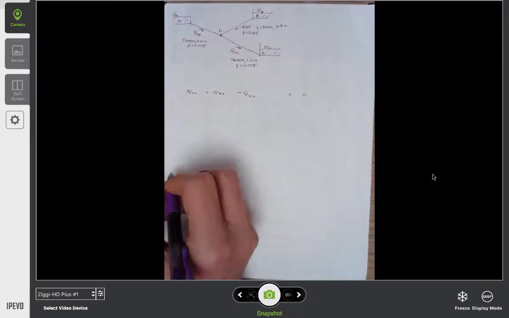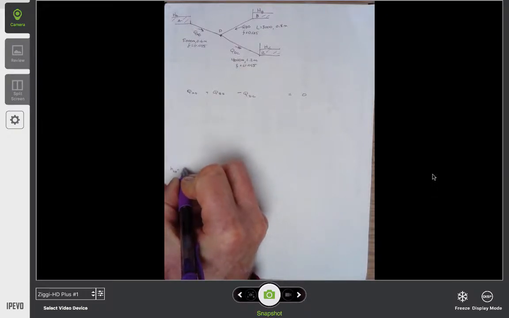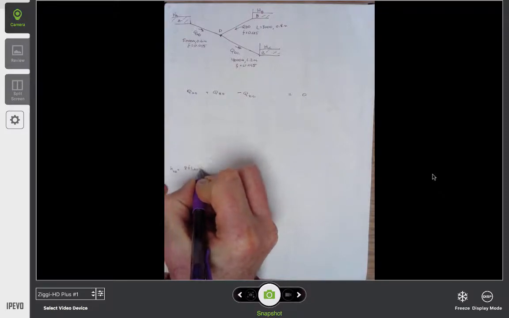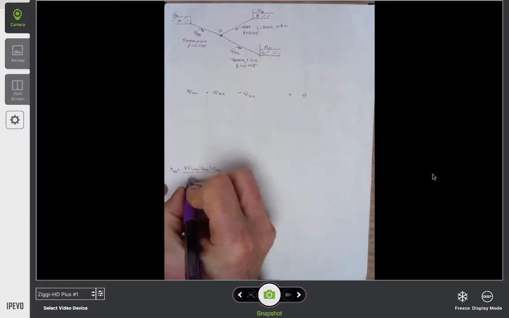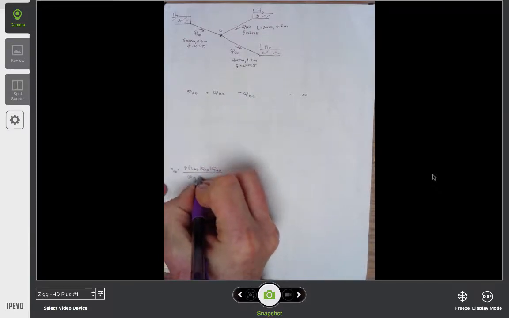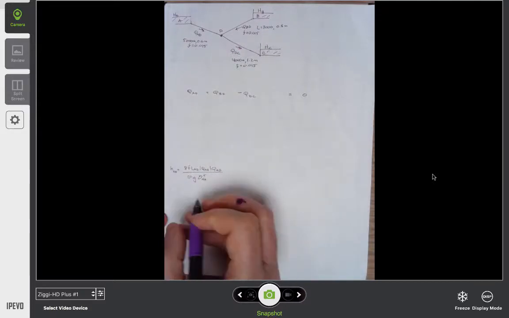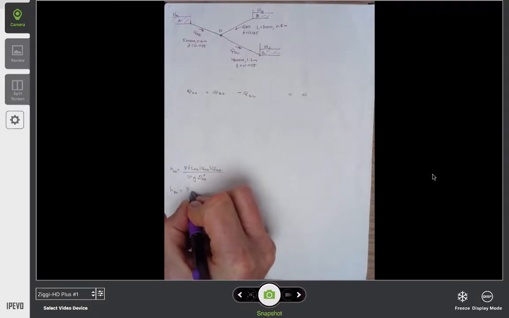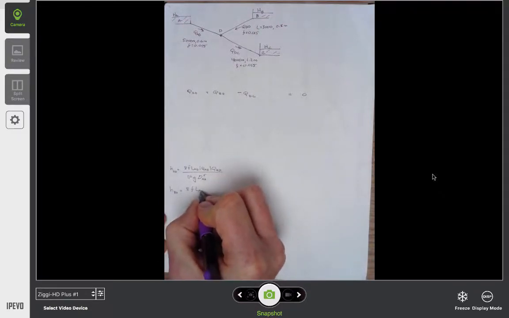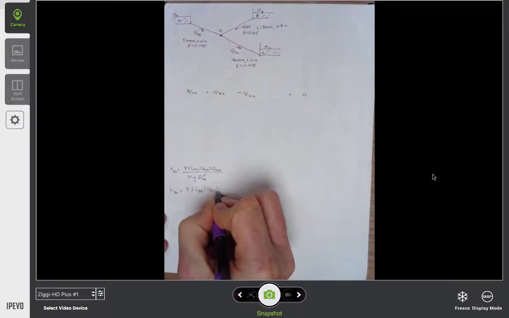Let me write the head loss in AD is equal to 8 f L_AD Q_AD |Q_AD| over pi squared g D_AD to the 5th power. Head loss in BD, same structure. Notice the absolute value here.